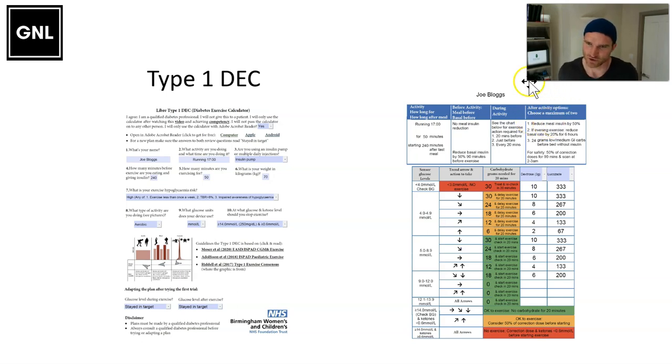And it also allows you, once you do your starting plan, if you went low before or after, or high before and after, you can change the plan for the second time so it will make the adjustments for you. So it basically makes it really simple.